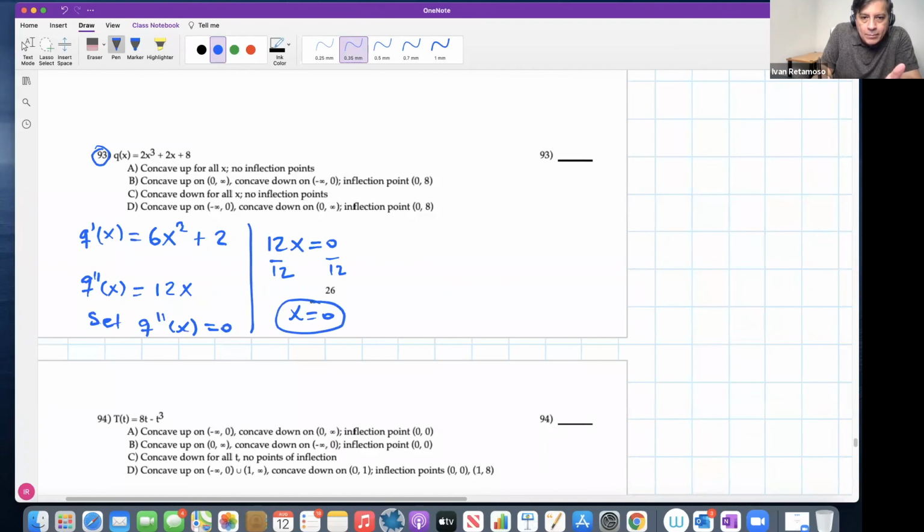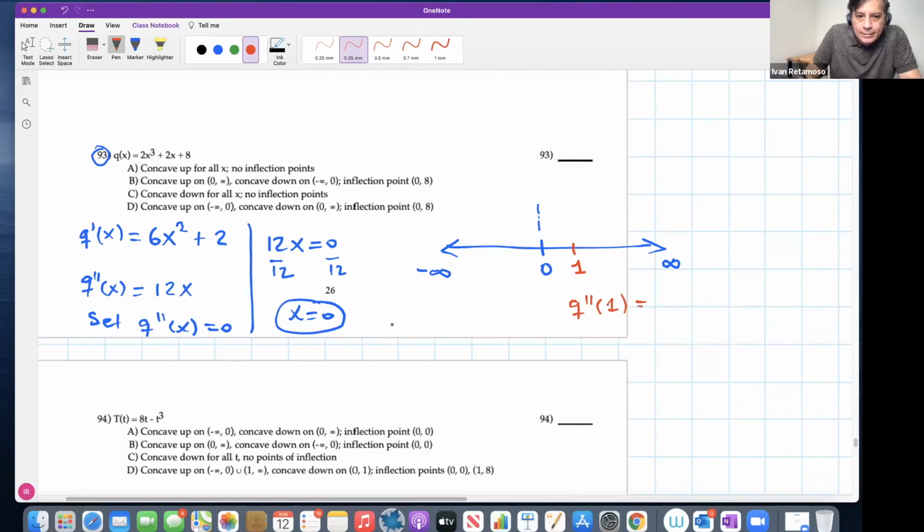This is a special point where the second derivative is 0. You set that on the number line, and you will subdivide your number line into two subintervals. Take a test point, for example 1, and evaluate your second derivative at 1.